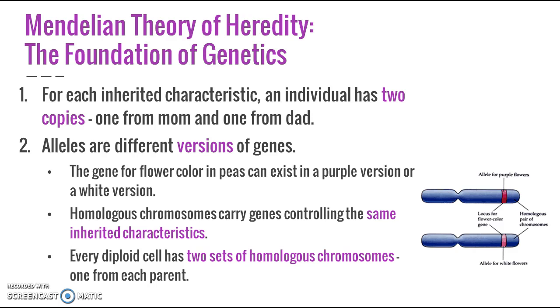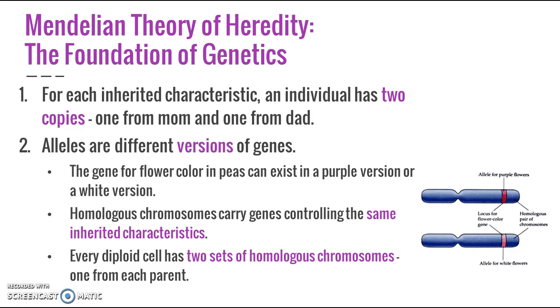For example, when we look back at flower color in pea plants, we know that there can be a purple version or allele or a white version or allele. And we can see this illustrated in this diagram. We can also see that when we look at chromosomes that code for the same inherited characteristics, we can call these homologs or homologous chromosomes.